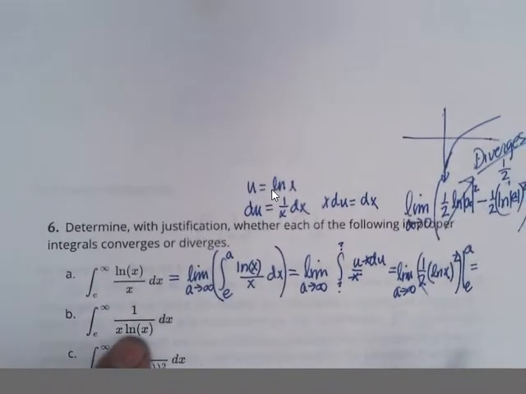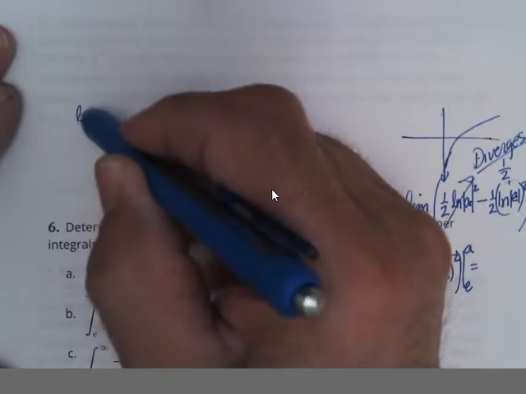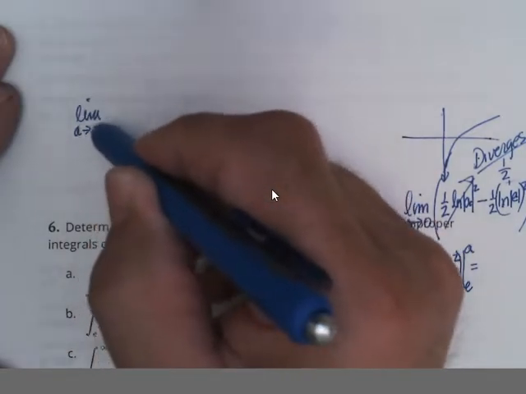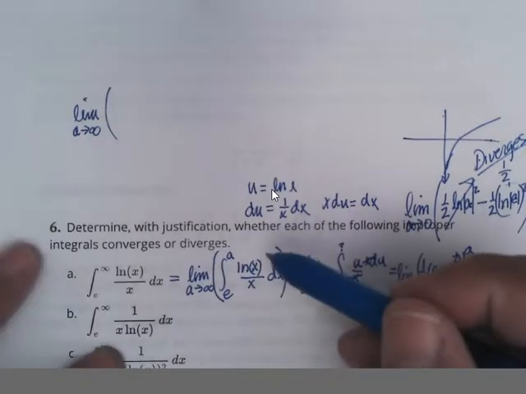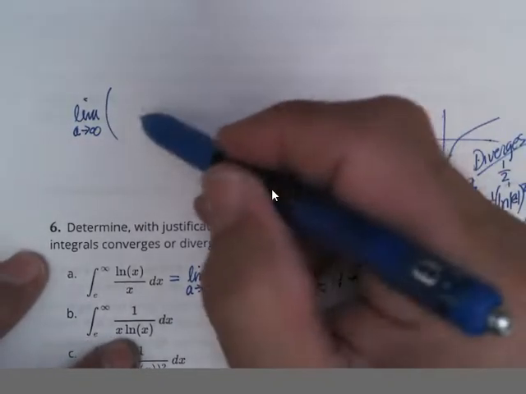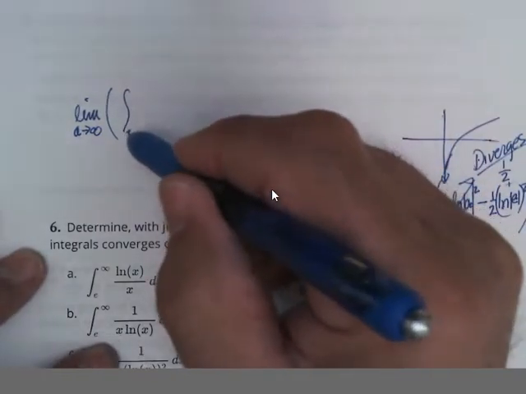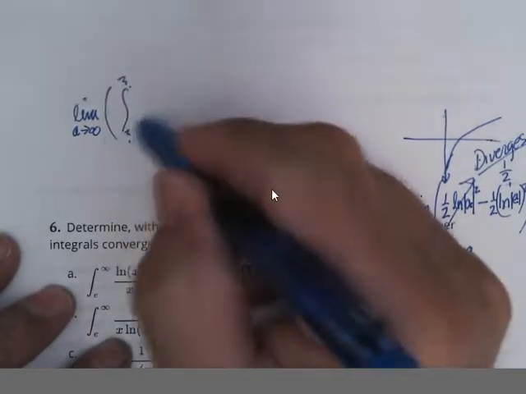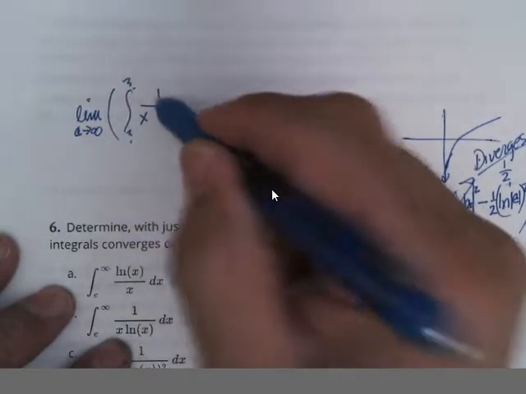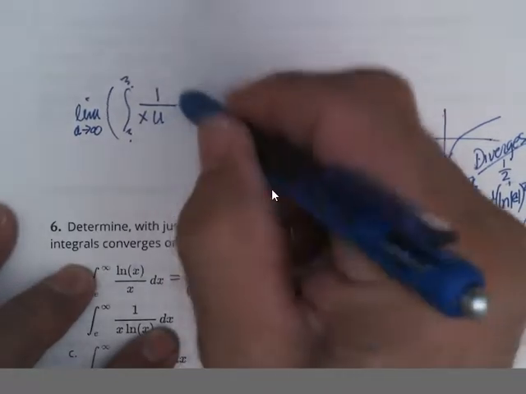We're going to have the same u substitution on this, so we're going to have this same stuff. This is going to be the limit as a goes to infinity of the integral from something to something, because I'm going to u, and this would be x in the denominator, 1 here, ln x is u, and dx is x du.